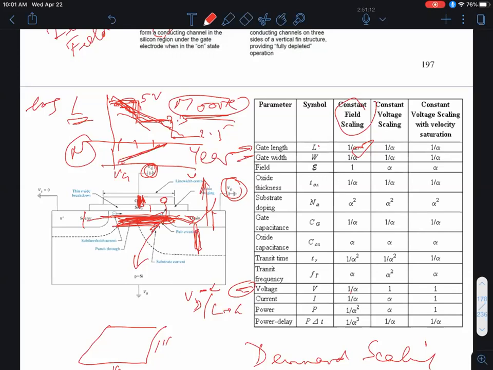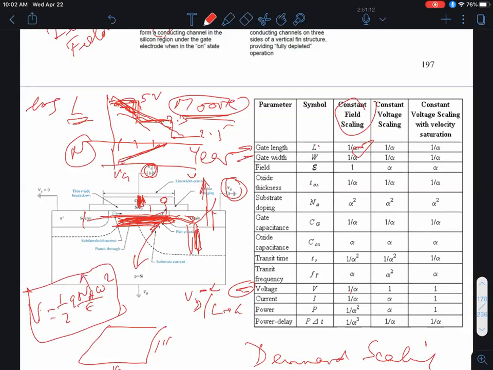How do I do that? Well, the depletion region is given by the voltage drop equal to half Q doping in the semiconductor W squared over epsilon. Remember that famous formula for p-n junctions? So basically what it says is, for a certain voltage, if I want to reduce my depletion width by a factor of alpha, what do I have to do?